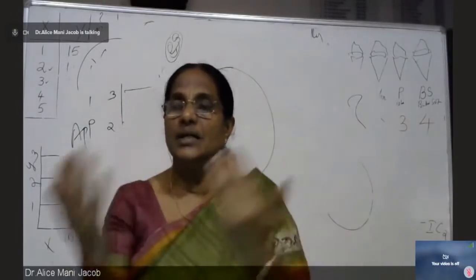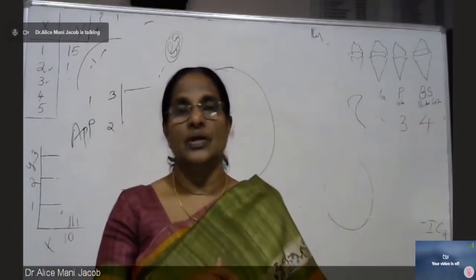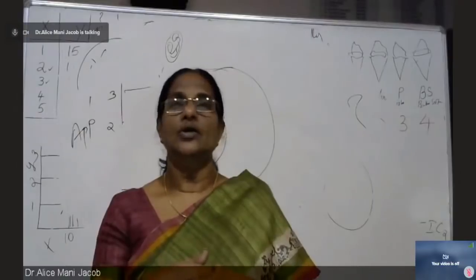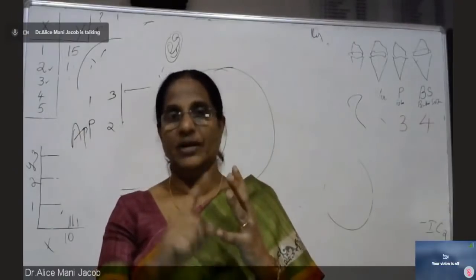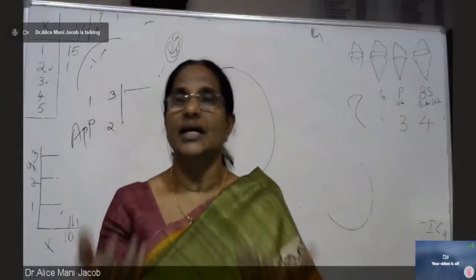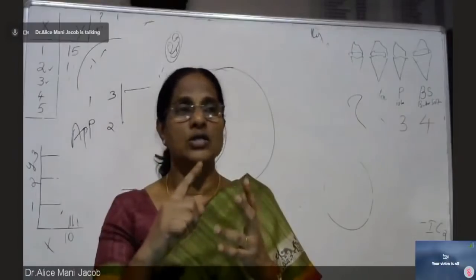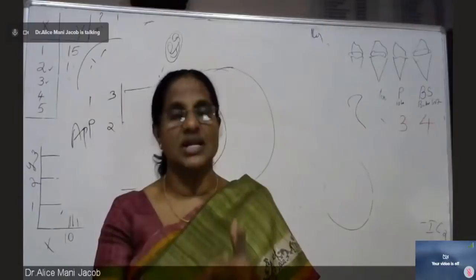Derived demand is derived from the demand for some other good. I'll tell you one example. Demand for bricks, cement bricks. Where does it come from? It is not demanded for its own sake, is it? It is demanded because of the demand for houses, because of the demand for construction.